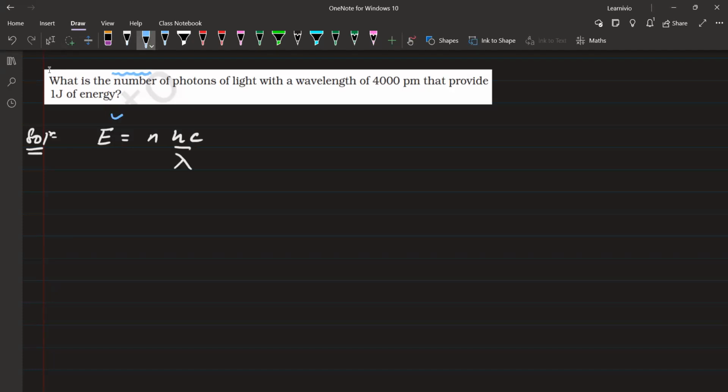They have given you the energy, 1 joule. आपको प्लैंक्स कांस्टेंट पता है, स्पीड ऑफ लाइट पता है, वेवलेंथ they have given us, 4000 picometer. You need to calculate the number of photons. n h c upon lambda.